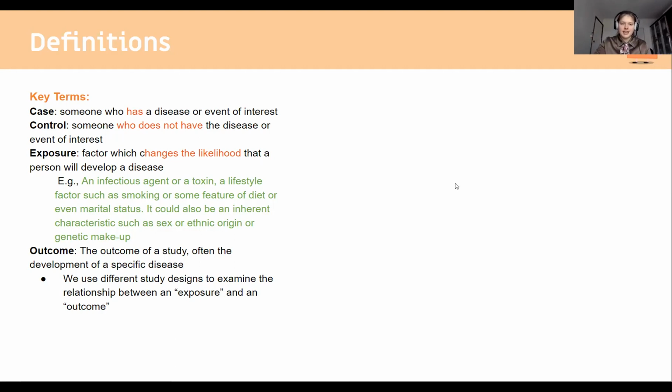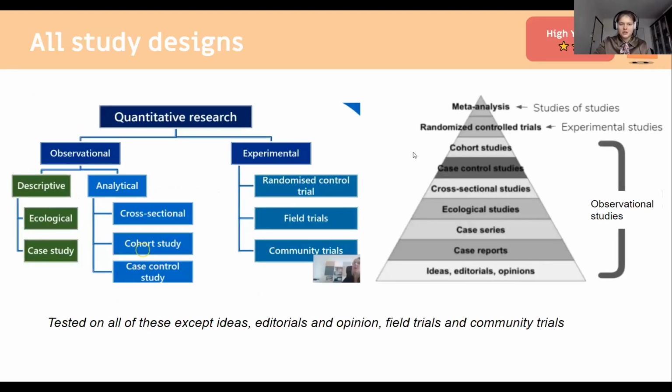On the next slide, you can see all the study designs you sort of need to know. It's good to know them in the categories on the left, but that pyramid on the right is actually what you need to know more than the thing on the left. Pretty much what they can ask you about each study design is what it is, what it entails.